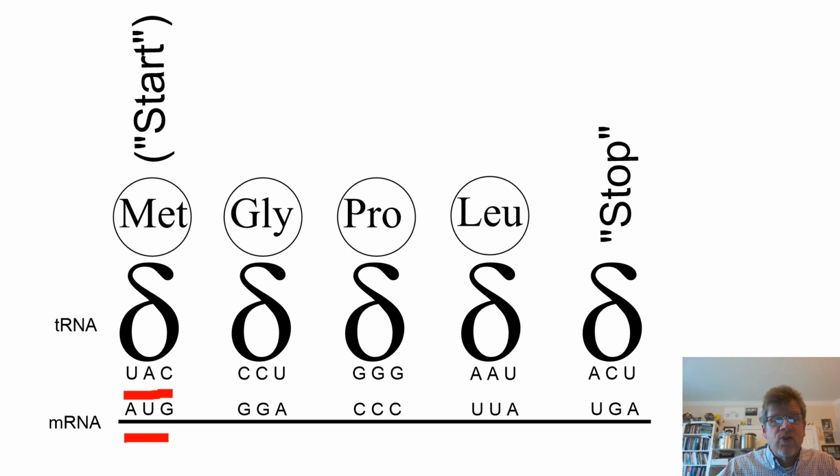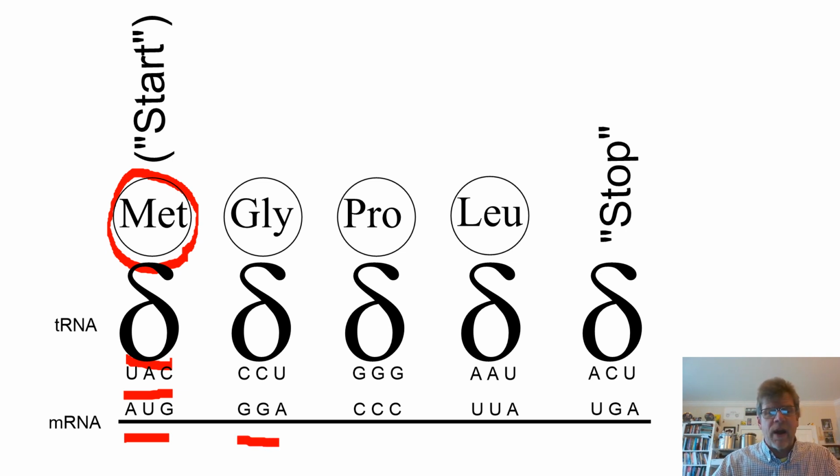Now remember, AUG was our start codon, and UAC, the anticodon on our transfer RNA, always has our methionine attached. Methionine starts every protein primary structure, at least in theory. It may get snipped off later through a post-translational modification, as we said before, but it starts us off. That start codon is coupled with the amino acid methionine. Then we just move along.